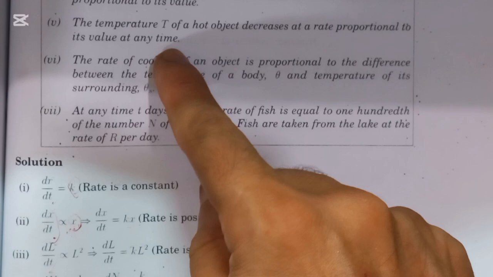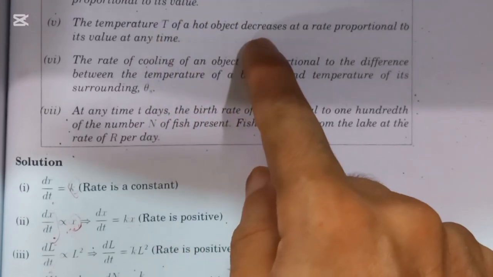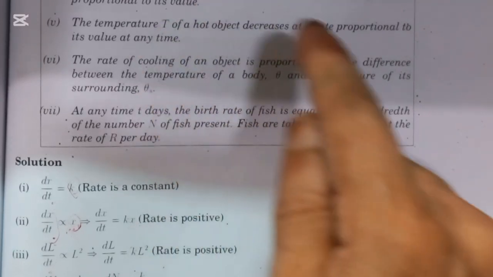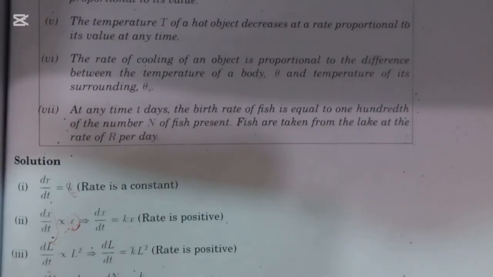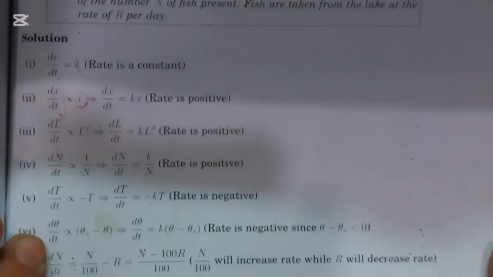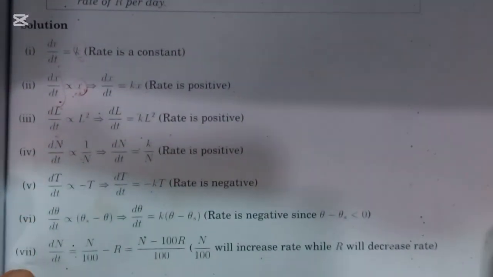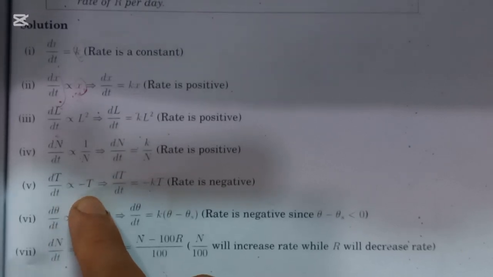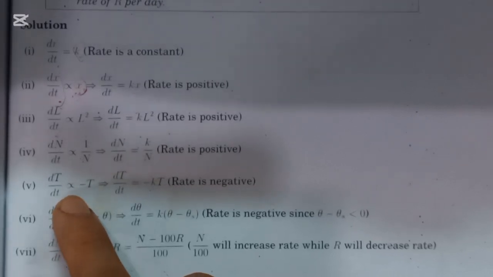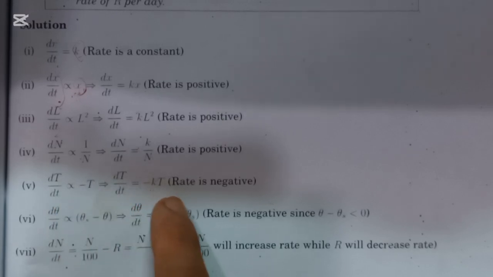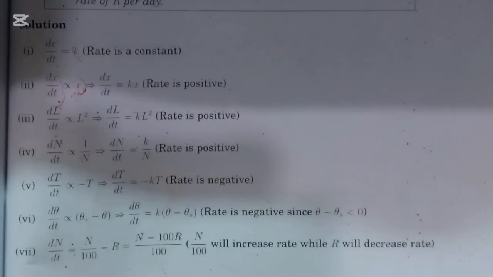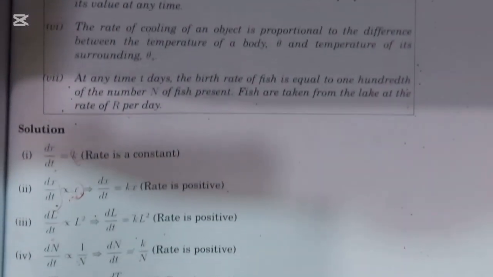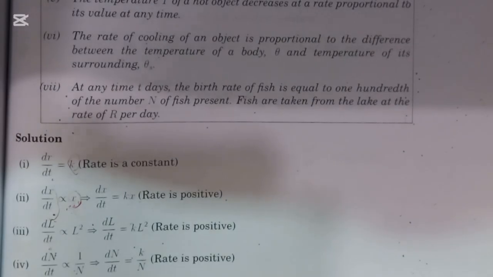It would be equal to T, but because it is decreasing, minus T will be on the right hand side. Here is the answer. dT over dt will be proportional to minus T because it was decreasing. The same method is adopted: the proportionality sign is converted into equality sign and a constant k is put on the right hand side. So the rate is negative.